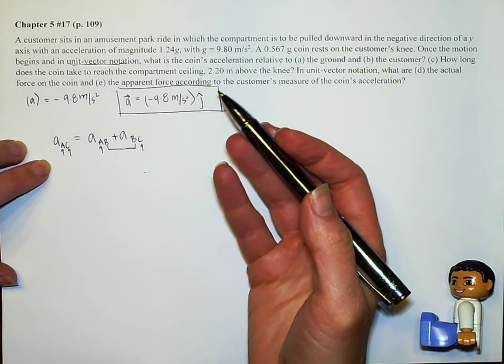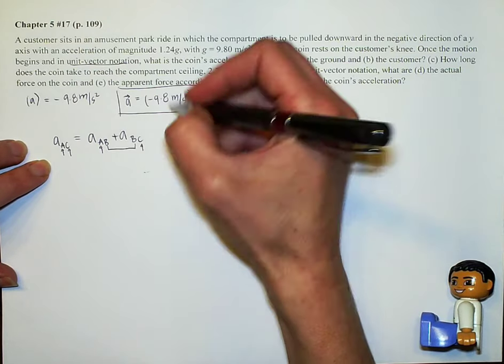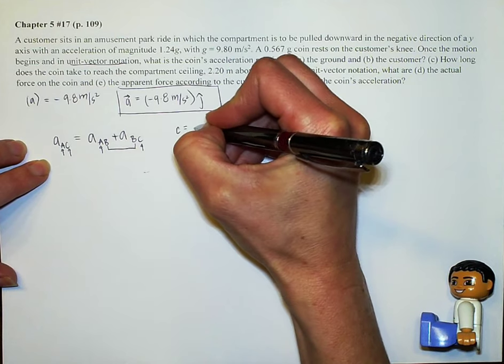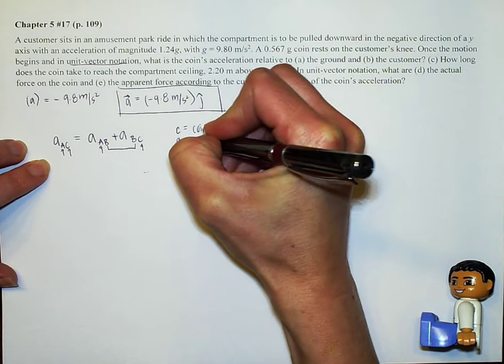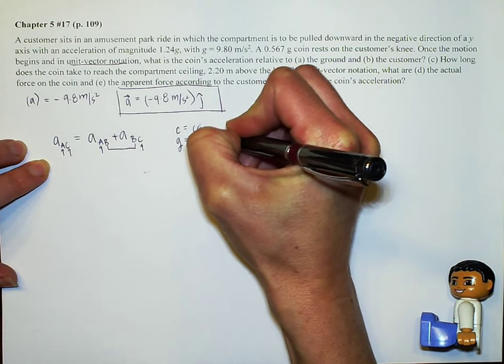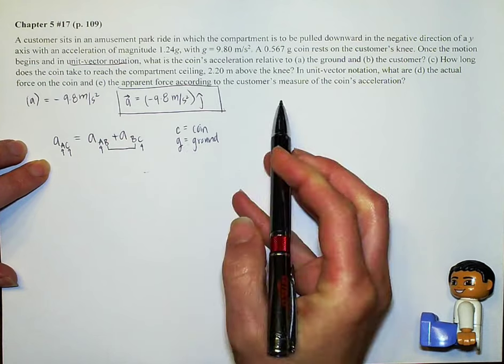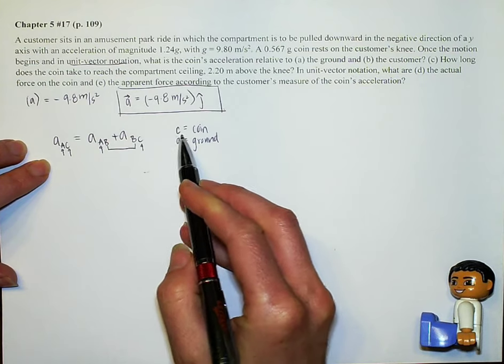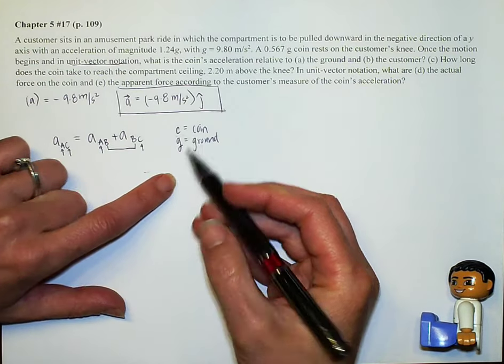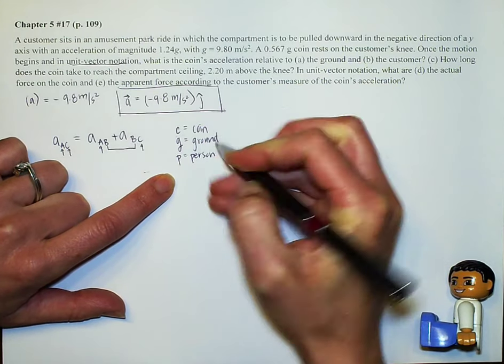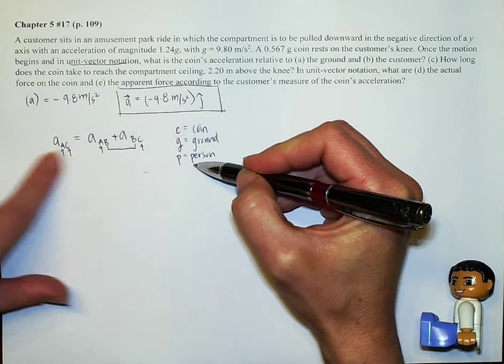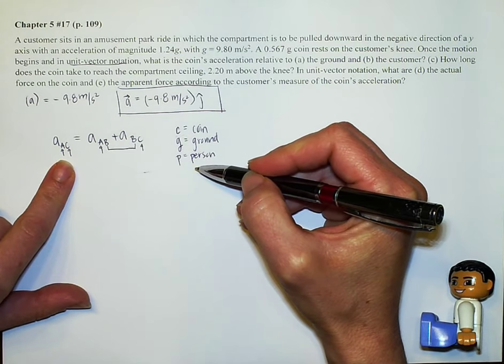So let's do that for our current situation. I'm going to use C to mean coin, G to mean ground, and it would be really nice if customer started with a letter other than C, but customer obviously starts with C. So I'm going to use P for person, just so that we can distinguish between these three when we're talking about our relative motion.